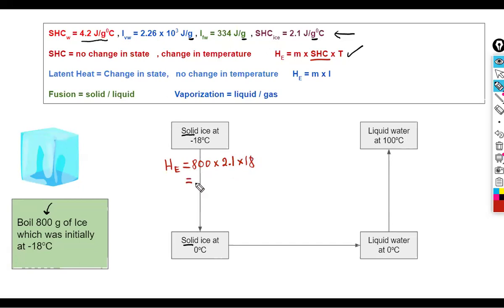We are leaving it as a positive value. Just multiplying it here. 800 multiplied by 2.1 multiplied by 18. For the first part, I'm getting 30,240 joules. Give me a minute before I work out the second portion.